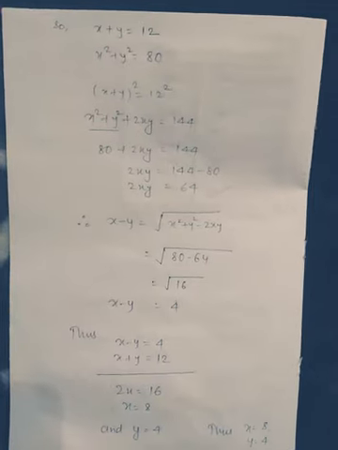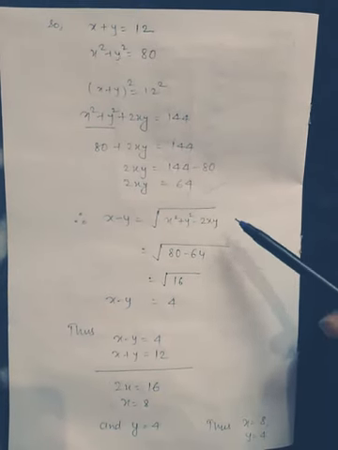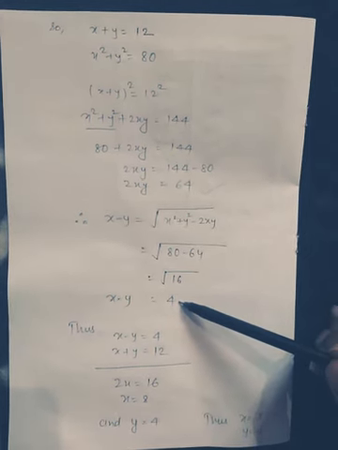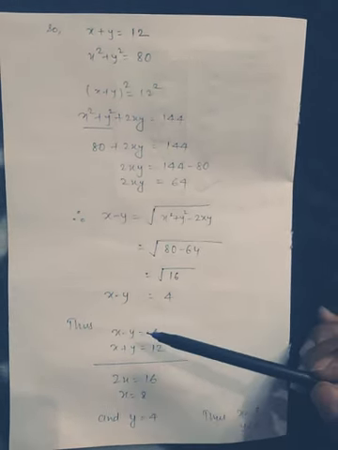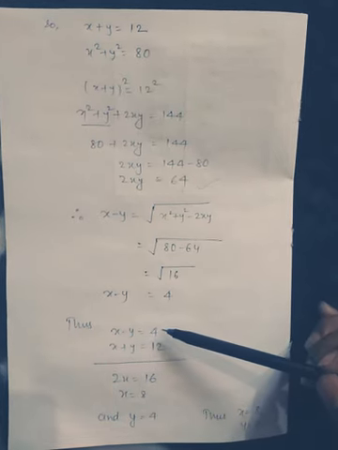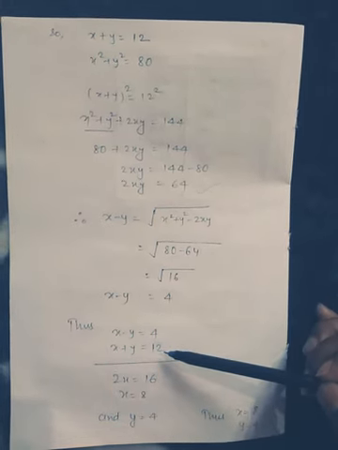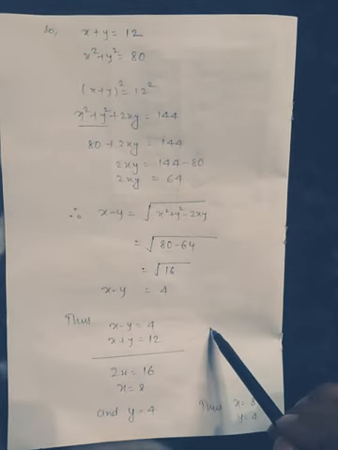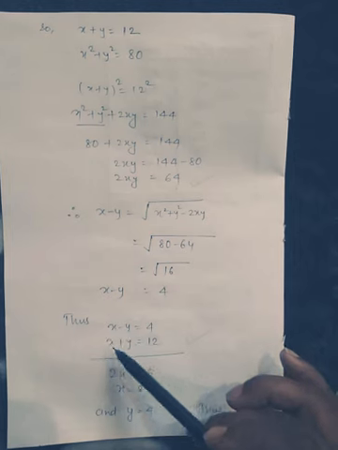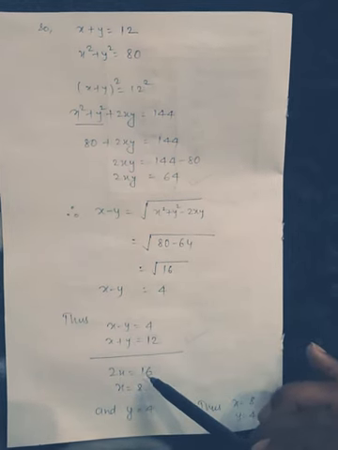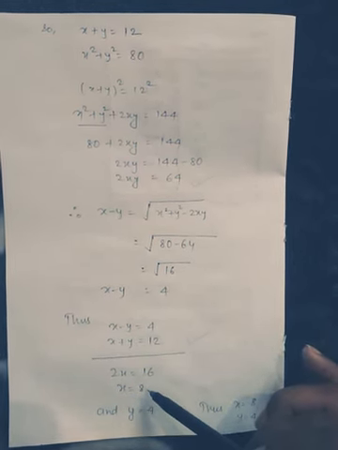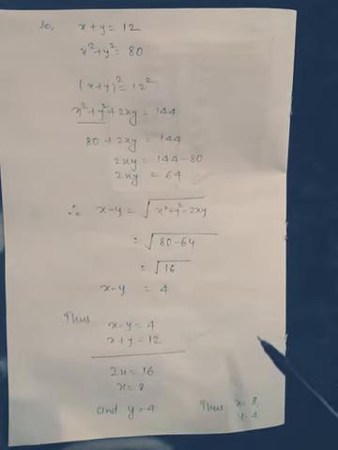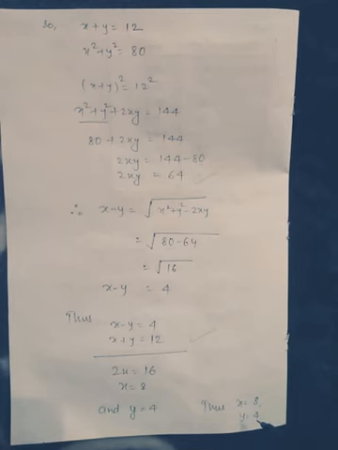For easy simplification, we need this quantity. So after simplifying, we get x minus y is 4. Thus, we get x minus y is 4 and x plus y is 12. After the elimination method, we get 2x is 16, so x is 8, and after simplifying y is 4. Thus the remaining observations are 8 and 4.